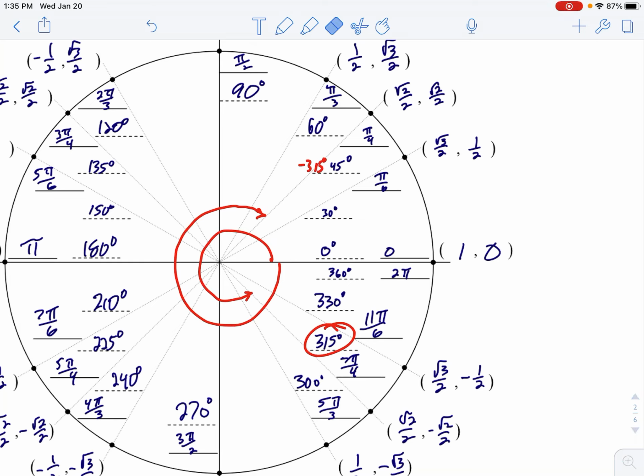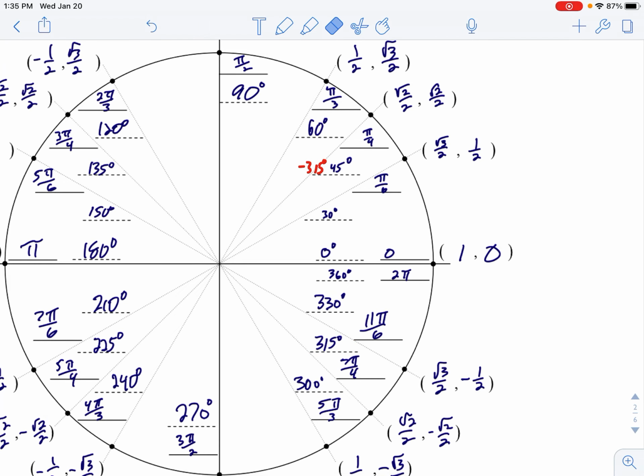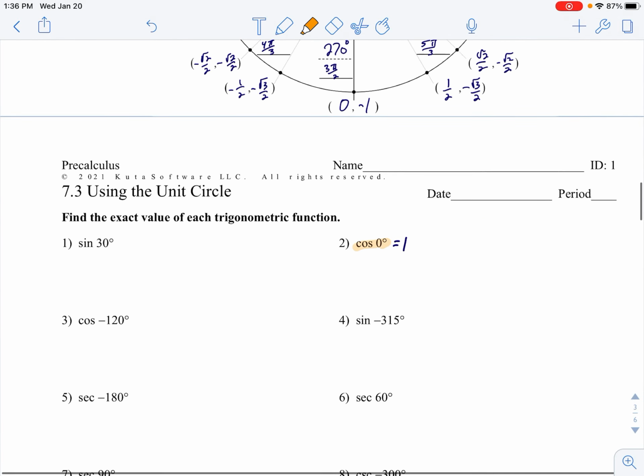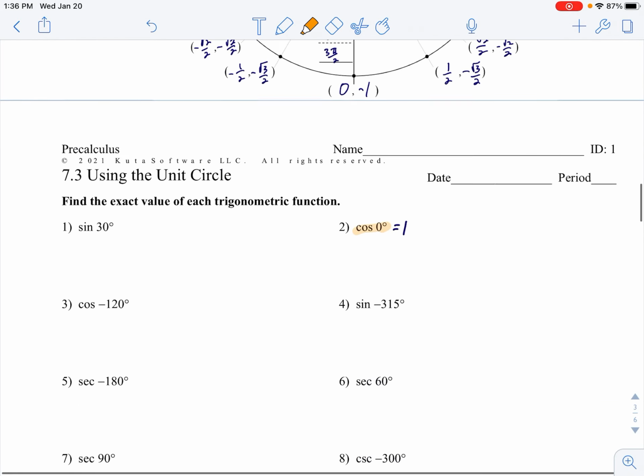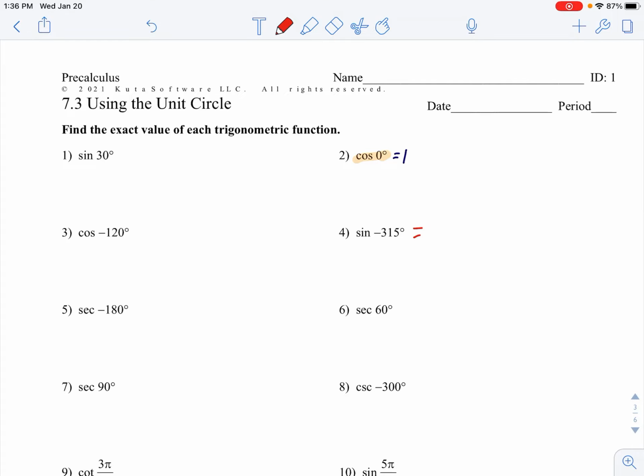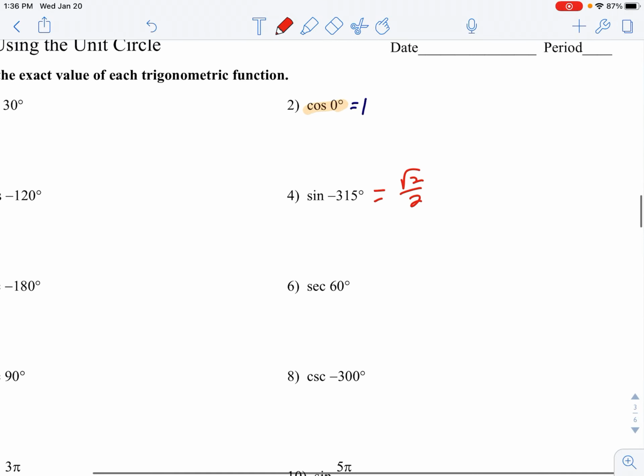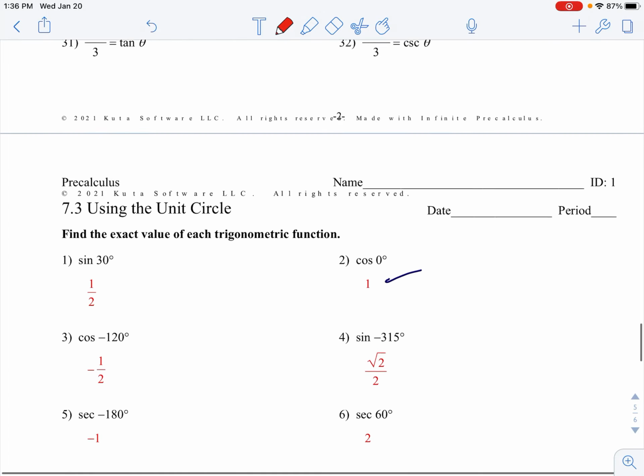That's a quick little thing. We did coterminal angles already, so you could calculate that. The coordinates are square root of 2 over 2, square root of 2 over 2, and we are doing sine. Sine is the y value, so that is square root of 2 over 2. I guess all my writing is going to be in red for the rest of this paper. So number 4, is it square root of 2 over 2?